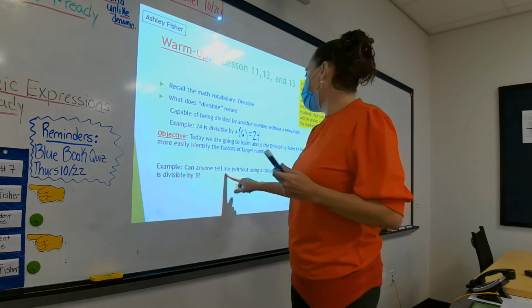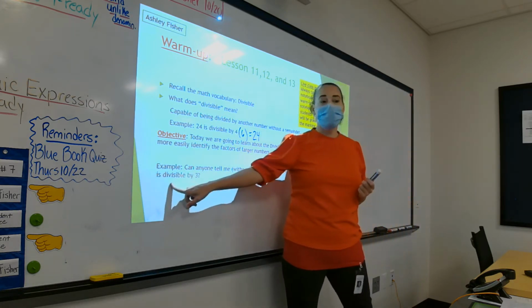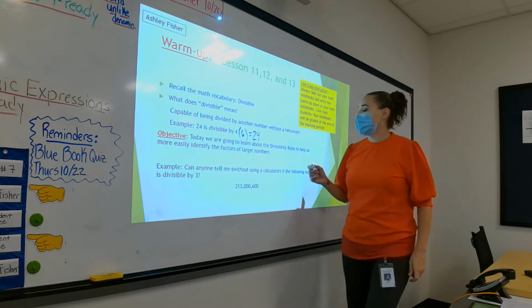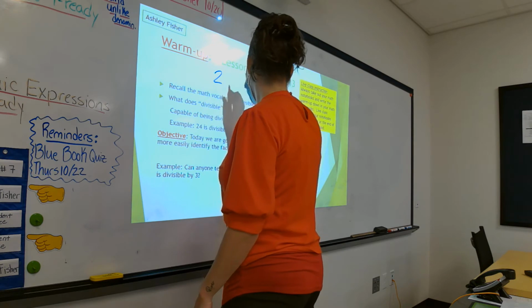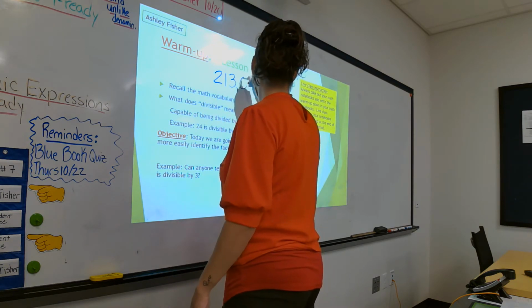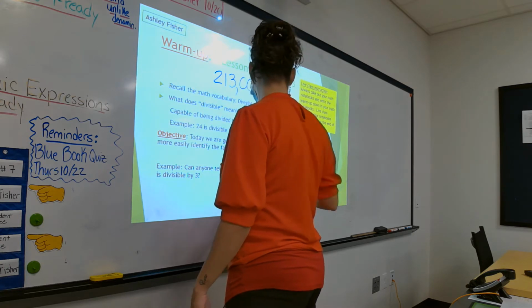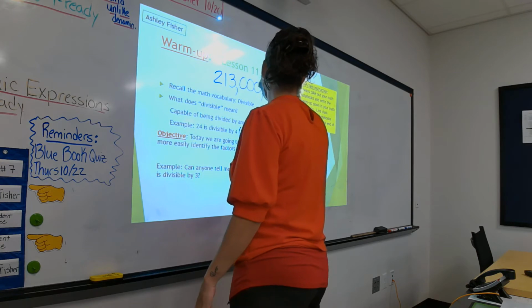Can anyone tell me, without using a calculator, if the following number is divisible by 3? So I'll write it nice and big up here. 213,000,600.